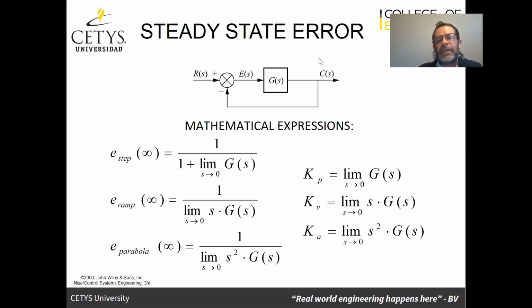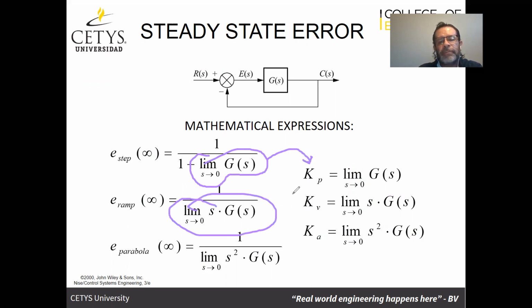And each of these is going to have a constant associated to it, which is going to be the limit. So this limit is going to be Kp, this limit down here is going to be Kv, and this limit down here is going to be Ka. And they're all going to be with regards to G of S. So the only thing we really need to know of our system is the forward transfer function.